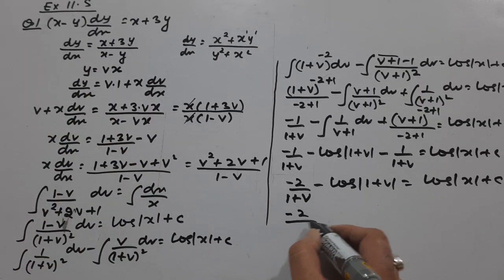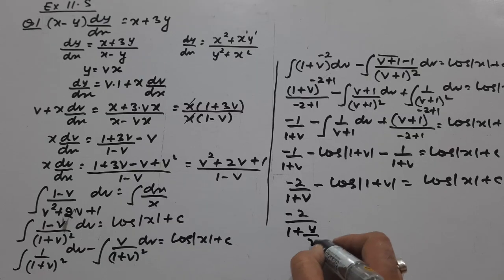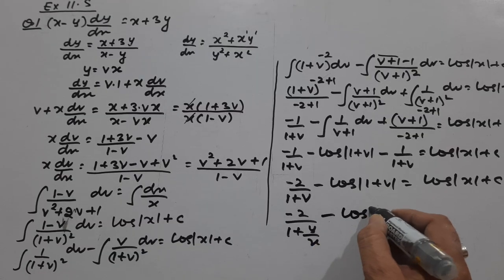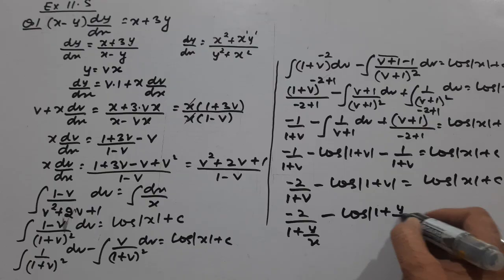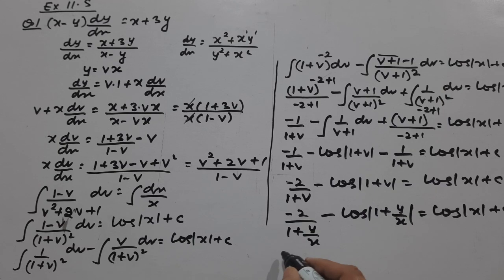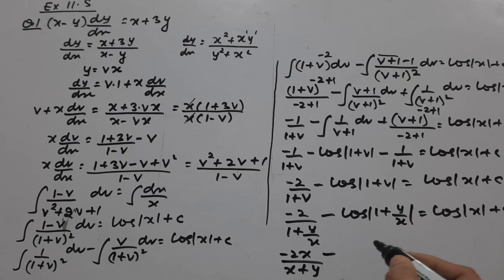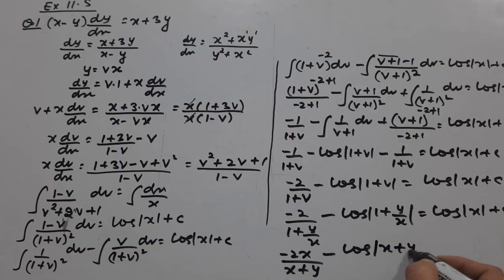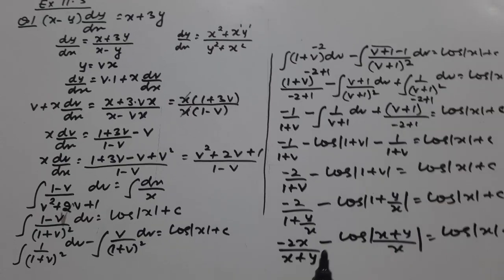So in place of v we can put y upon x: minus log (1 plus y upon x) equal to log x plus c. So on solving it, taking LCM, we get minus 2x upon x plus y minus log ((x plus y) upon x) equal to log x plus c, like this friends.